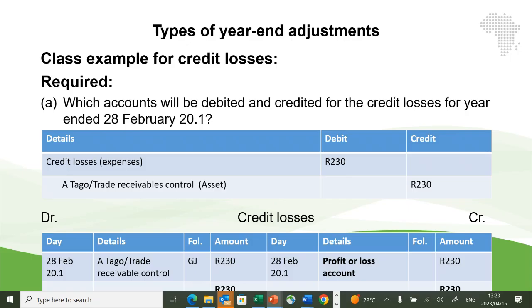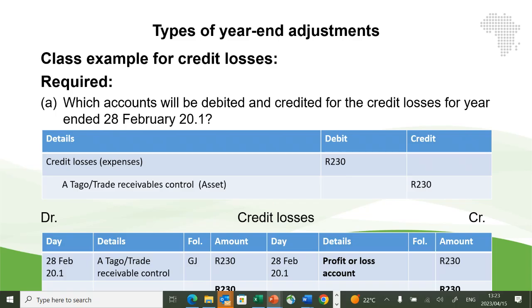Now, when that debtor is unable to pay, initially we debited their account, but now we need to credit that account and reduce it. Why on the credit side? Because the debtors account is an asset for the business, and assets decrease on the credit side. That's why A Tango, or trade receivable control, is reducing on the credit side. And we debit the credit losses.